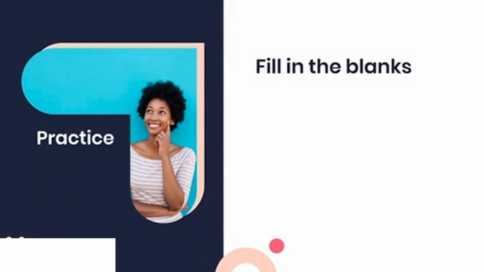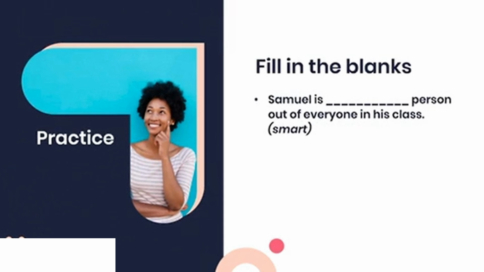Now it's practice time. Fill in the blanks. Let's start with this sentence. I'll give you a few seconds to read it and think about it. The correct answer is Samuel is the smartest person out of everyone in his class.